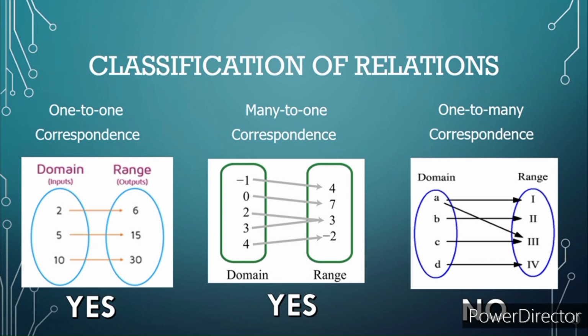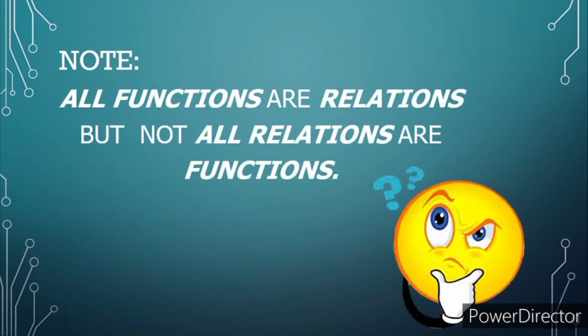These three, itong tatlong ito is a relation, pero yung one-to-many is not a function. And that leads us into this. Tatandaan nyo to. Note, all functions are relations, but not all relations are functions. Tagalugan natin.